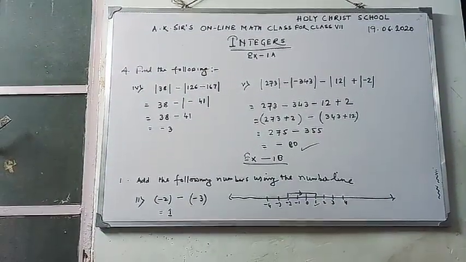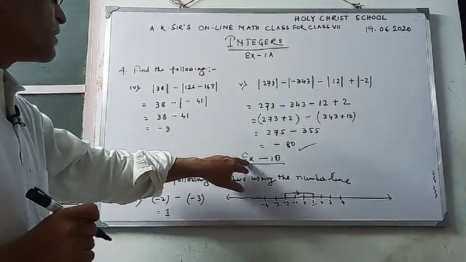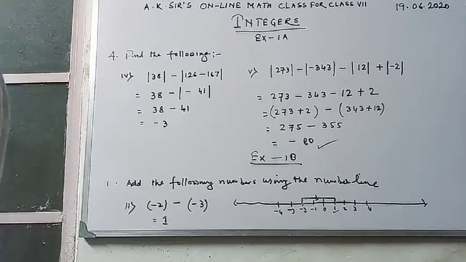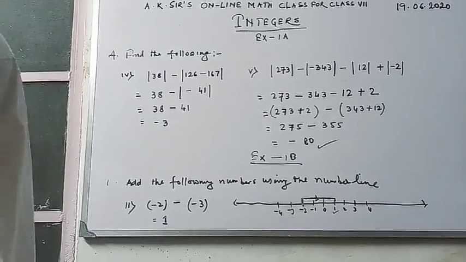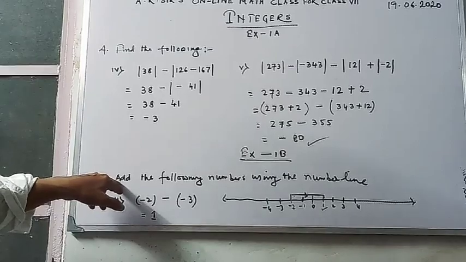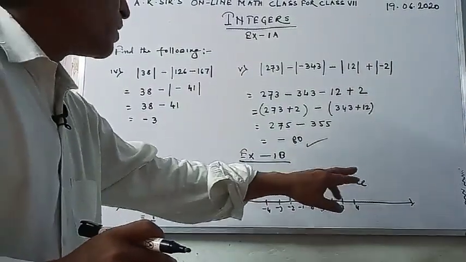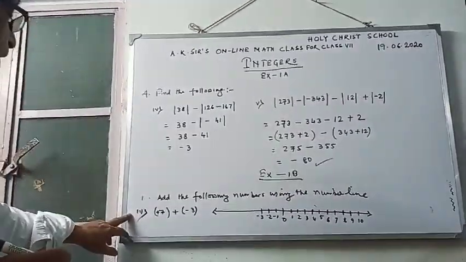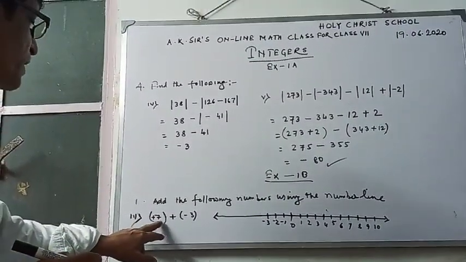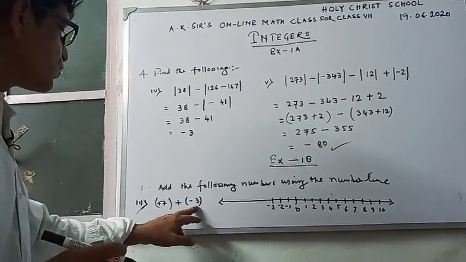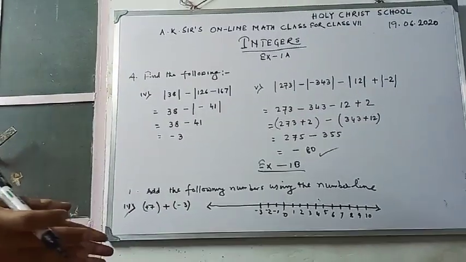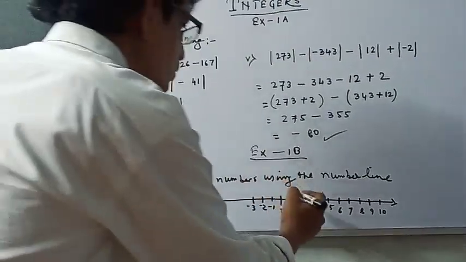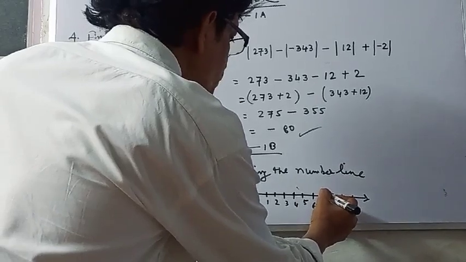Now I will move to exercise 1b. It is a very small exercise. First, add the following numbers using the number line. Sum number 3, add plus 7 plus minus 3. So you have to add minus 3 with plus 7. First we move up to plus 7.